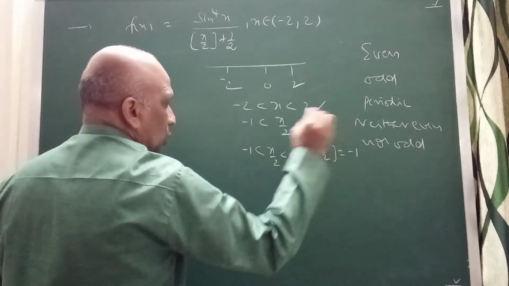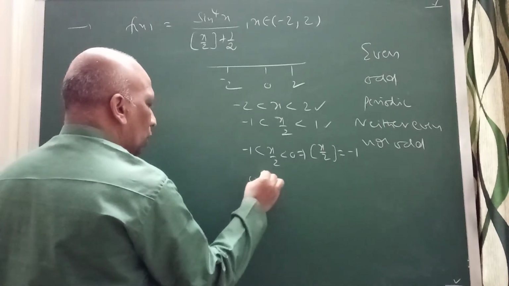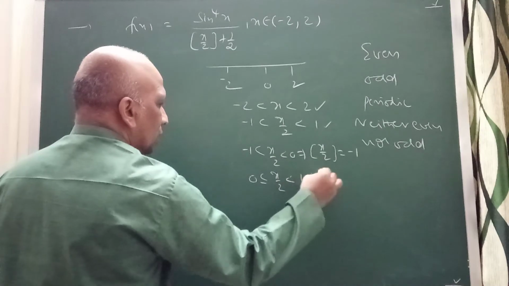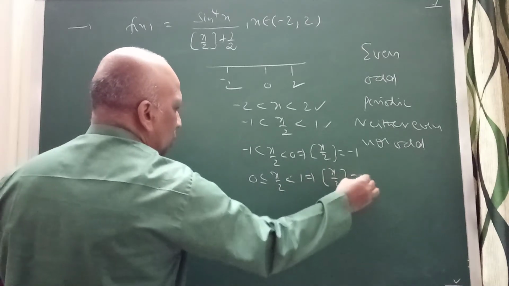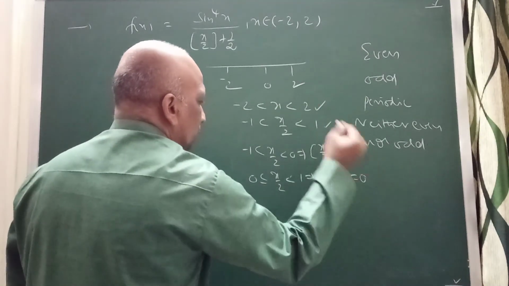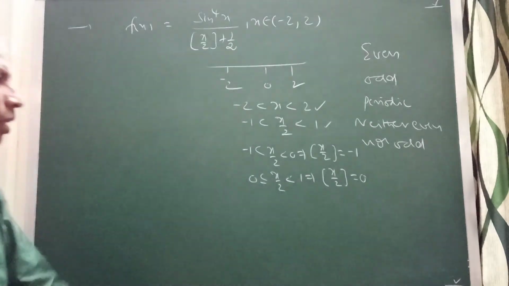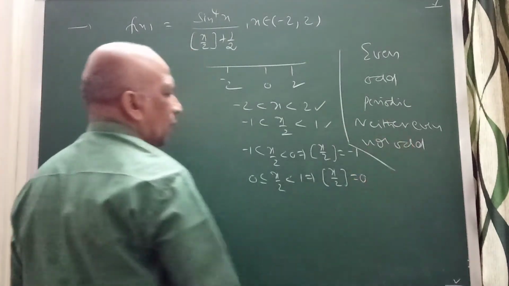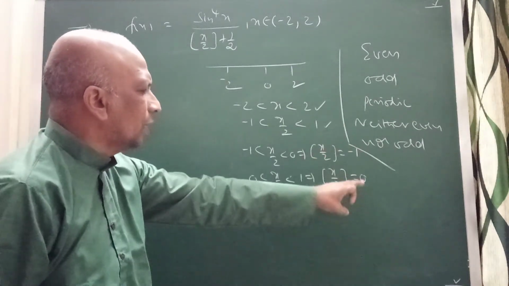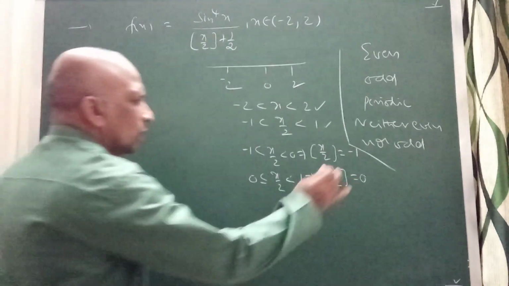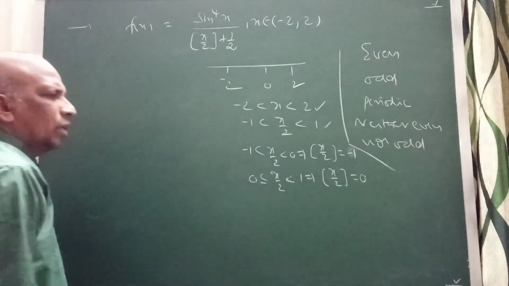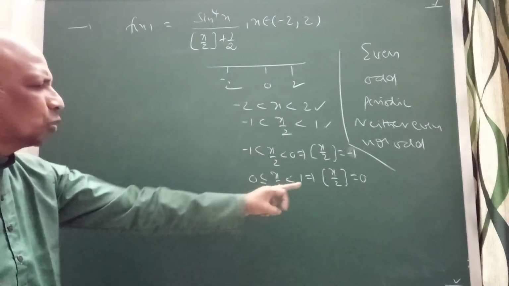Again, 0 less than or equal to x by 2 less than 1. In this case, step of x by 2 will be 0, right? You remember this. Correct? You got minus 1 here and this will be 0. Between minus 1 to 0, and including 0 to 1, it is 0.